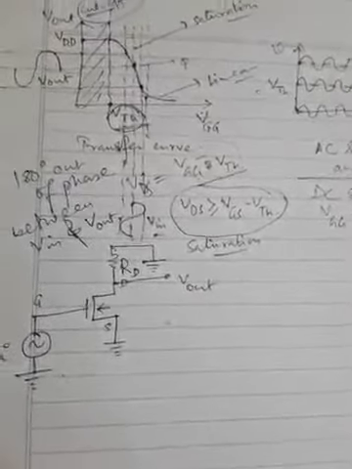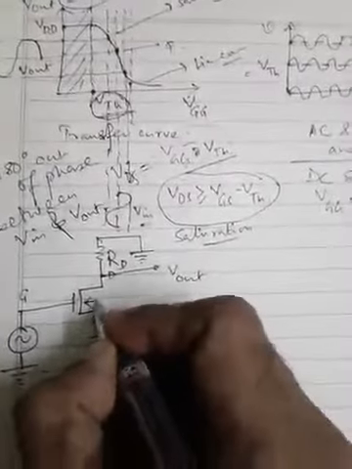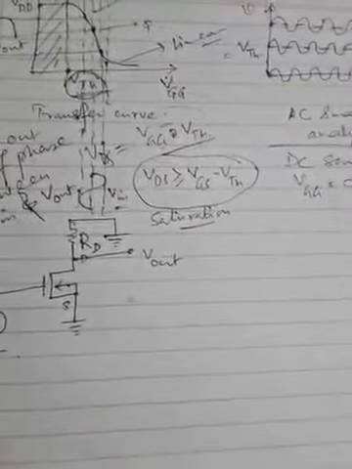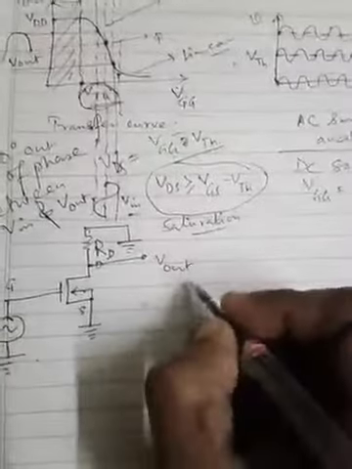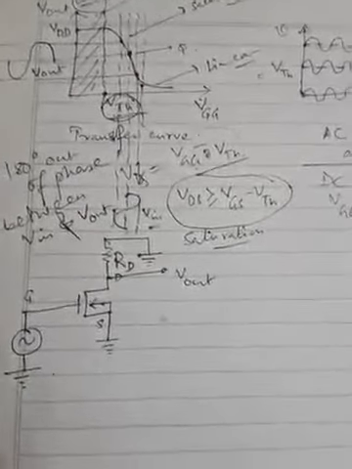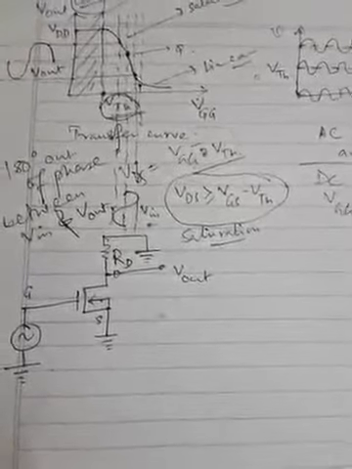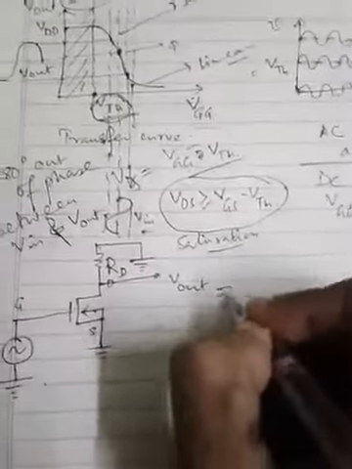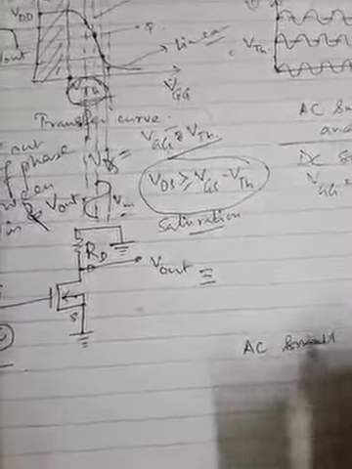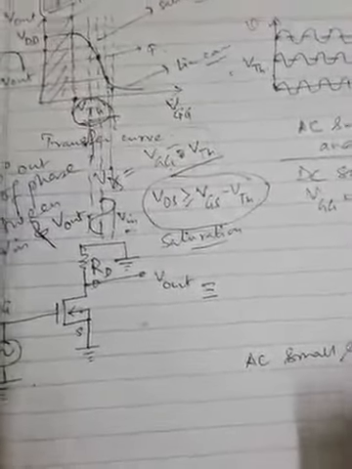So this is the modified diagram for AC small signal analysis. Now we have in our knowledge how the AC small signal equivalent circuit can be drawn from it. So this is equivalent to the AC small signal equivalent circuit.